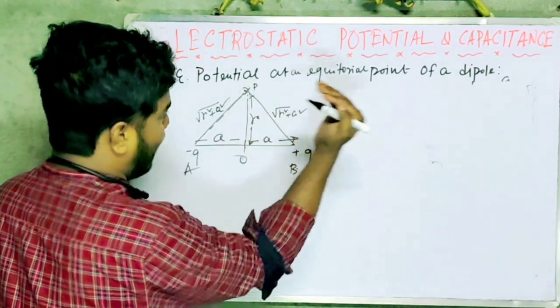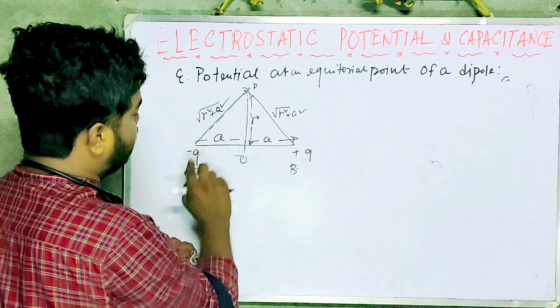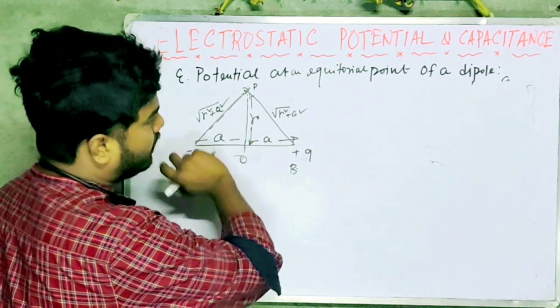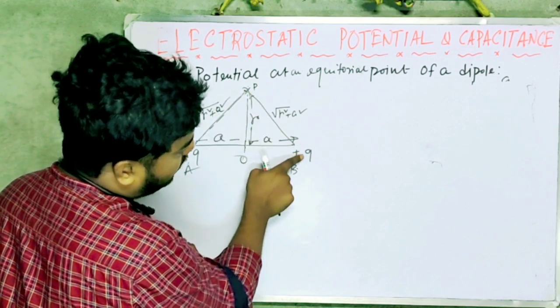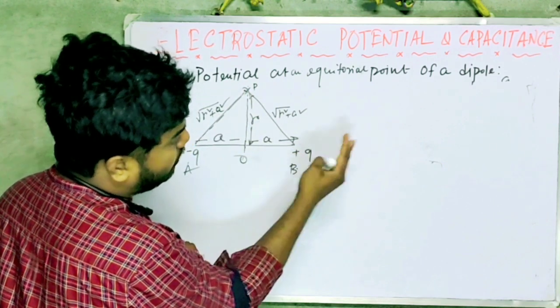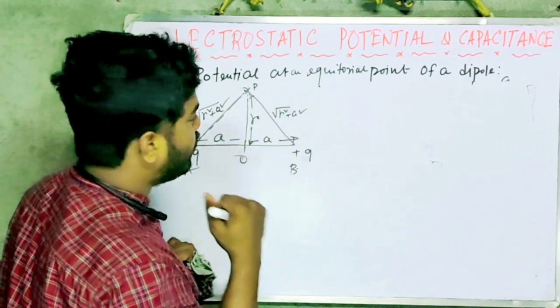Now, same method. At point P, at first we have to calculate electric potential due to minus Q charge. Then at point P, we have to calculate electric potential for plus Q charge. Then we have to calculate the net electric potential.